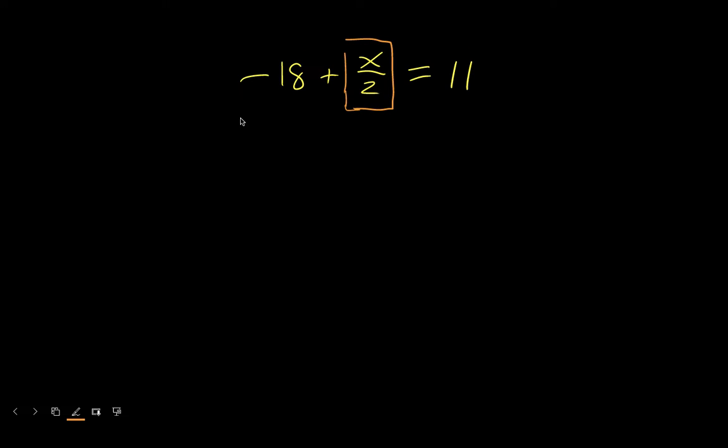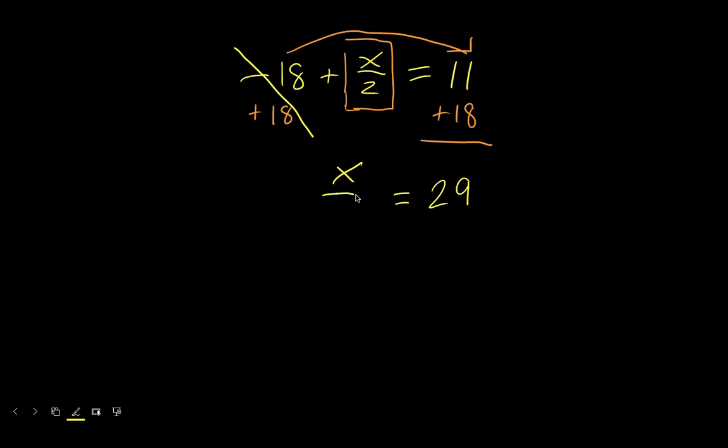So to do that, we're going to do plus 18 on both sides because we want to move the 18 to this side. 11 plus 18 is 29. Since we have a negative 18 and then we add 18 to it, that cancels out. That becomes 0. So 29 is equal to x over 2.